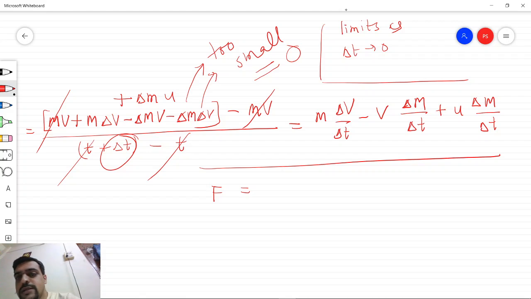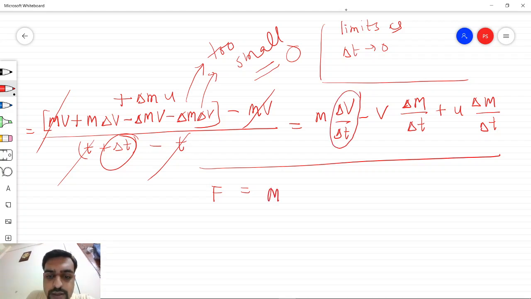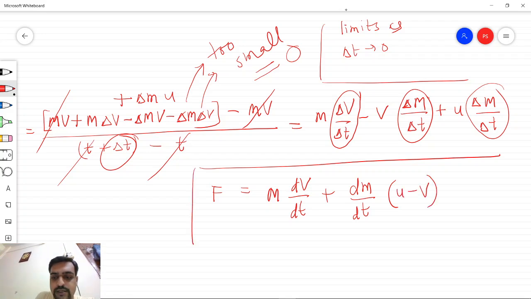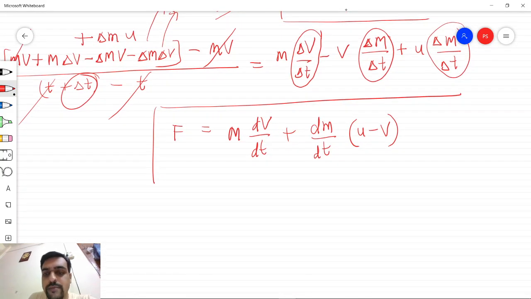After the limits are taken, this delta v by delta t becomes dv by dt and this delta m by delta t becomes dm by dt, and dm by dt can be taken common, and inside the bracket we get u minus v. So this is the force acting on the rocket at any instant of time t.